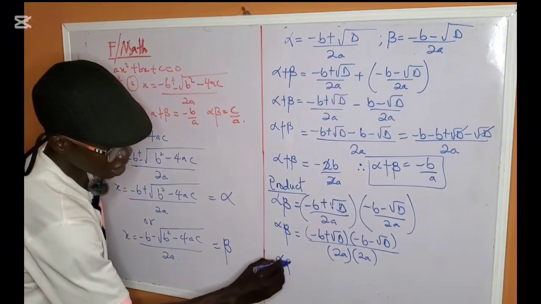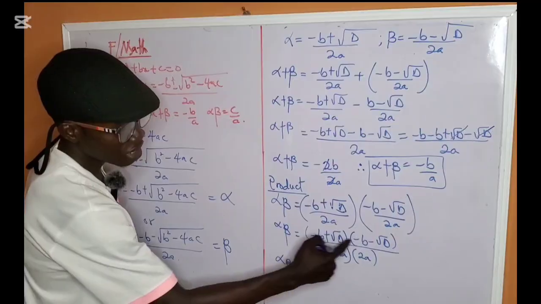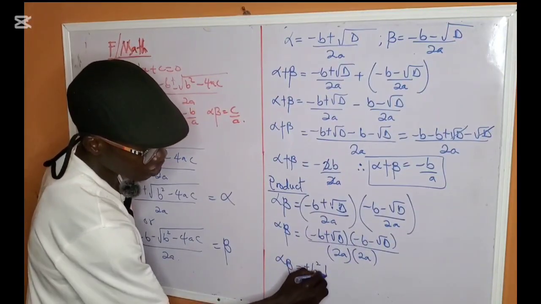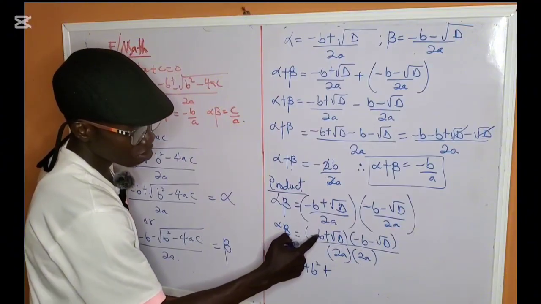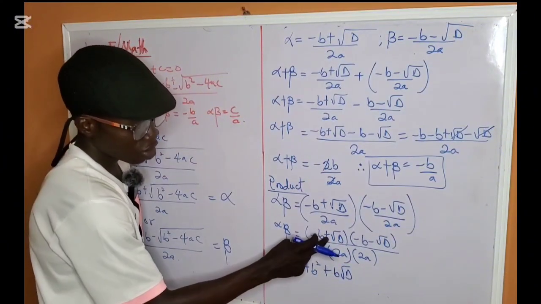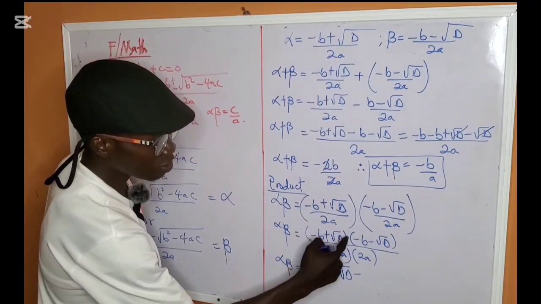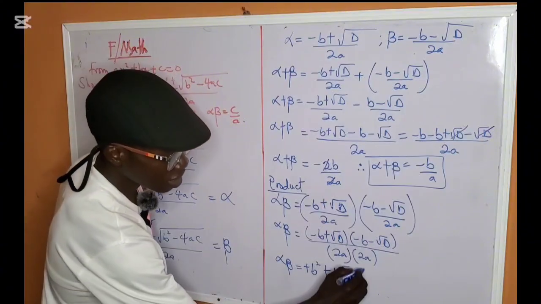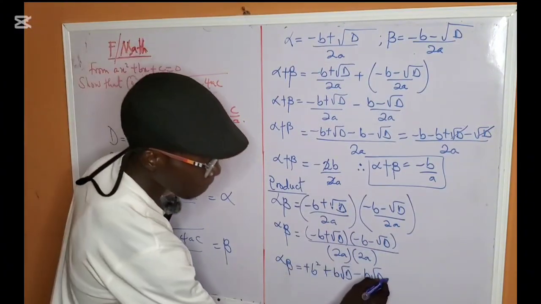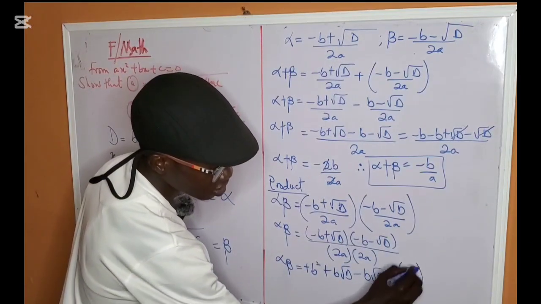So alpha beta equals minus times minus, which is plus, b times b, that will give us b squared. Minus times plus gives us minus b root d, and plus times minus gives us plus b root d. Then the next one is minus root d times root d, that will give us minus d.